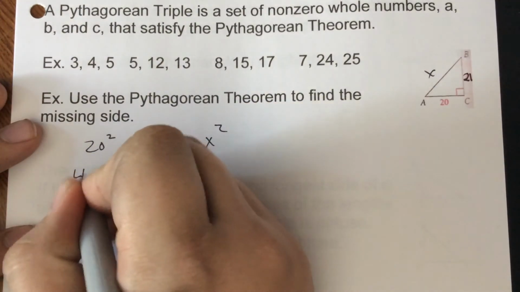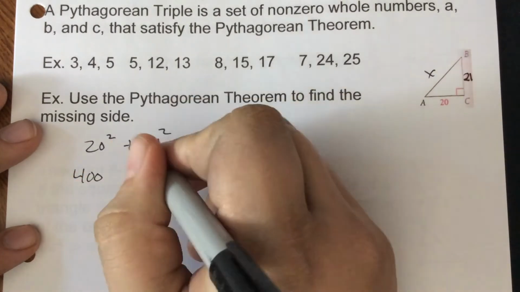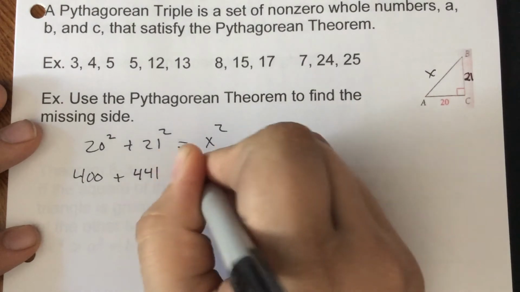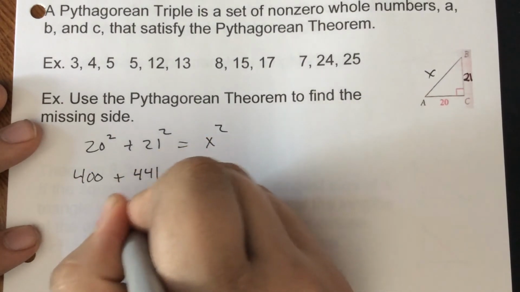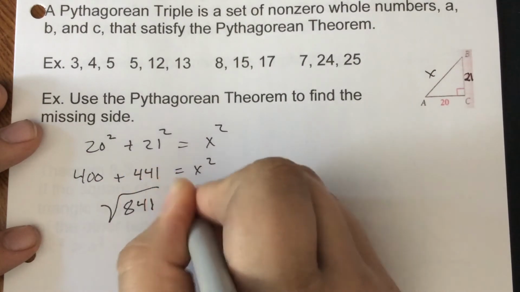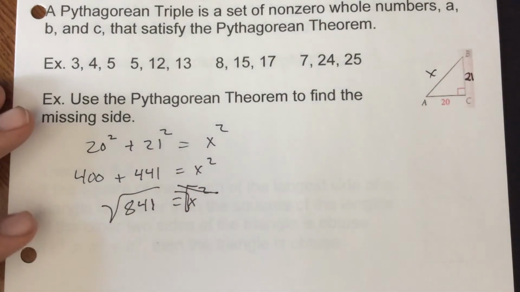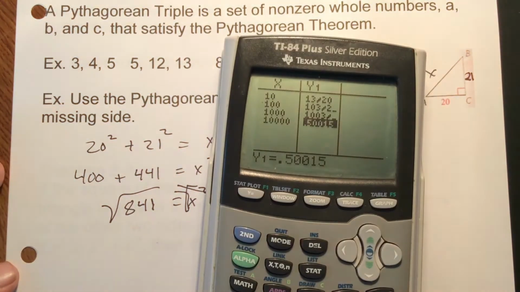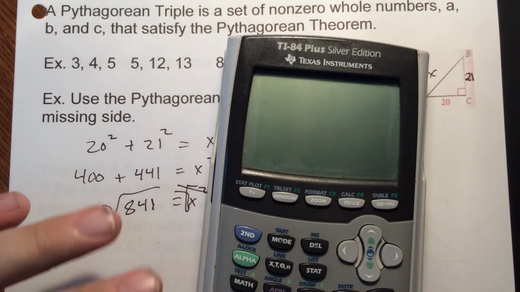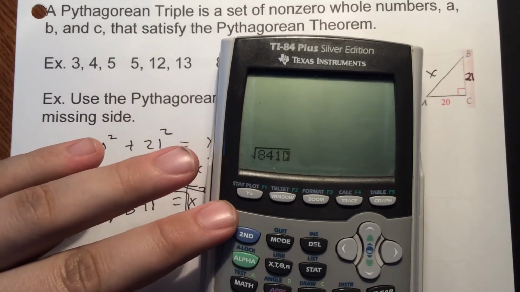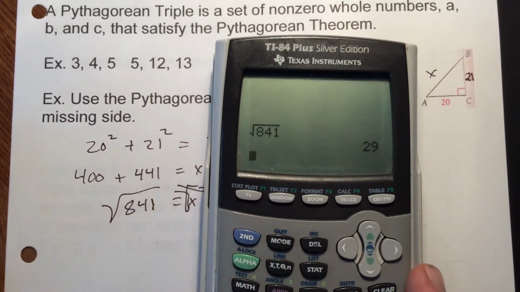So 20 squared would be 400. 21 squared would be 441. So if you put those together, we have 841 equaling x squared. So if we square root both sides, the square root of 841 is 29.